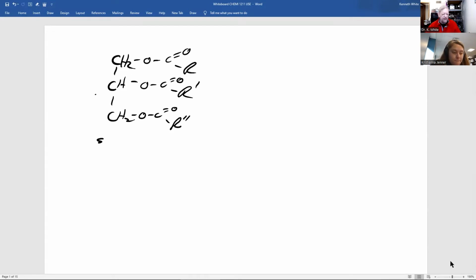This is the structure of all fats and oils. It's a triglyceride triester. Here's ester 1, 2, 3.